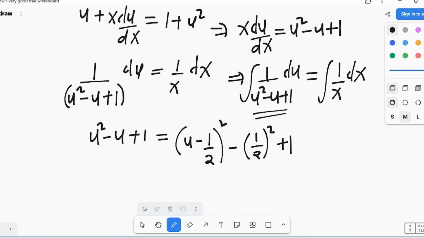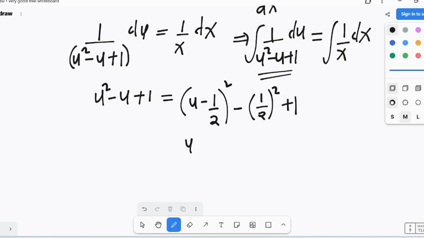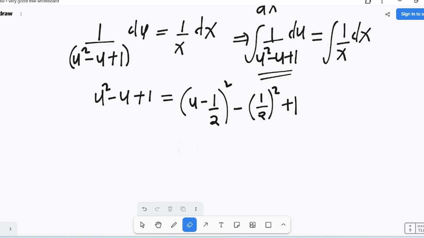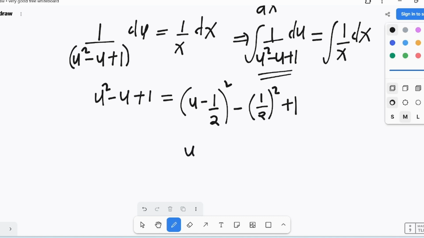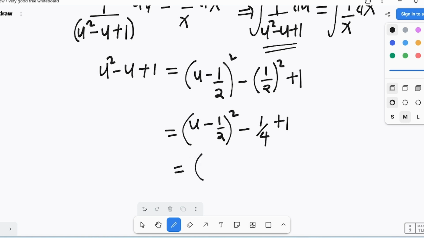Now when we simplify this, we shall have (u minus half) squared, then minus 1 out of 4 plus 1, which eventually becomes (u minus half) squared and then plus 3 out of 4.